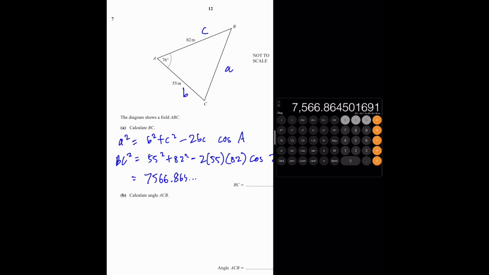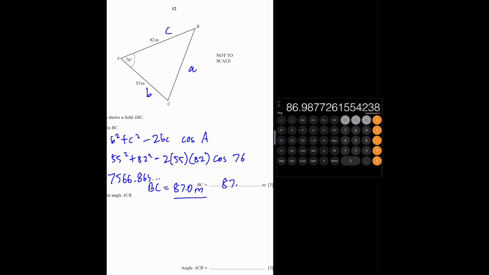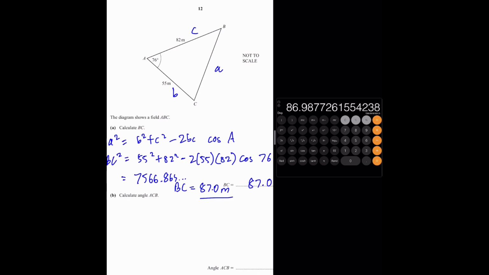Now if we square root this, we'll get BC. So square rooting, we get 86.98, or just 87.0 meters, to three significant figures. Now let's go to part B.